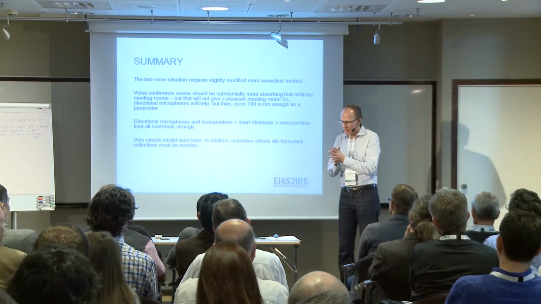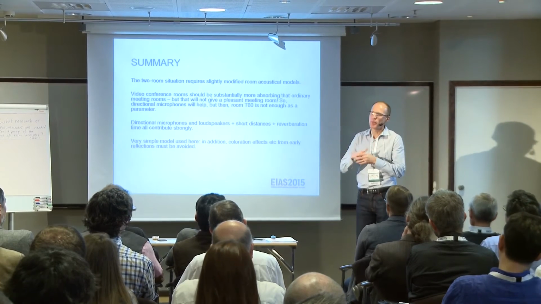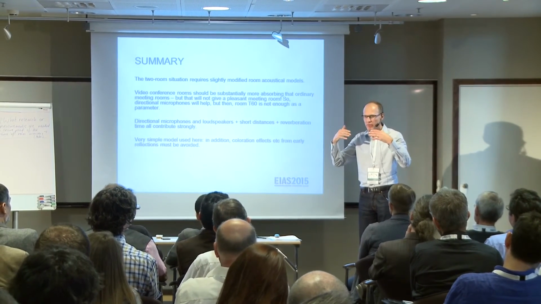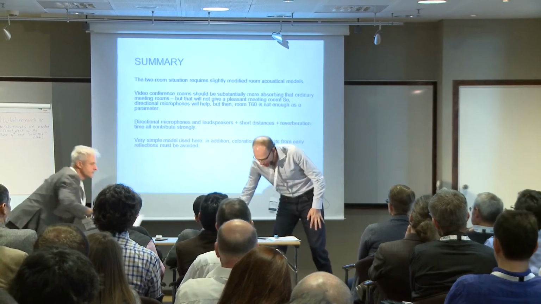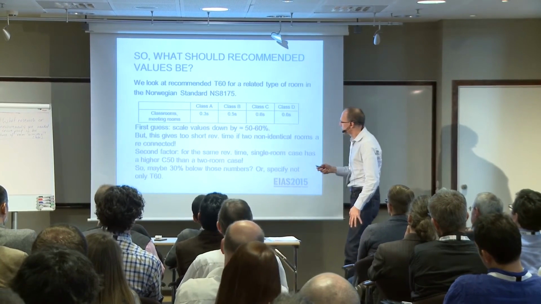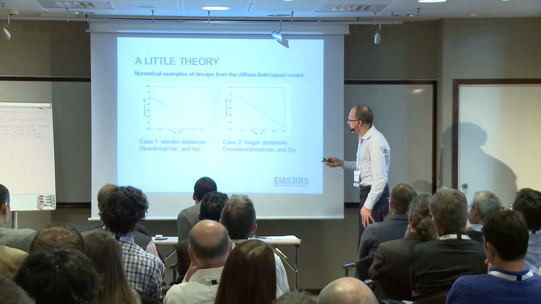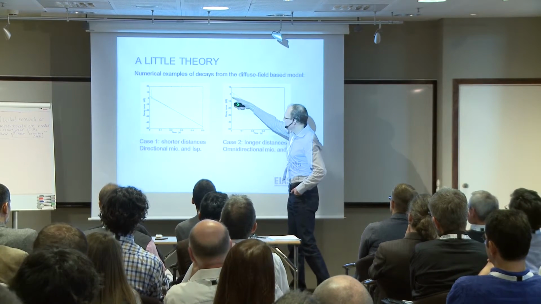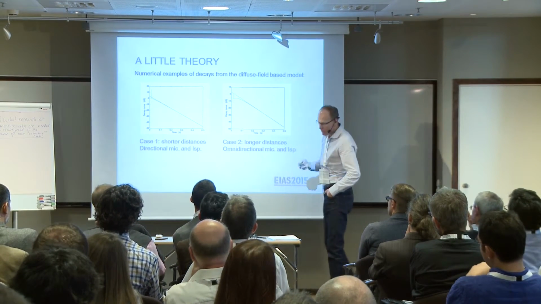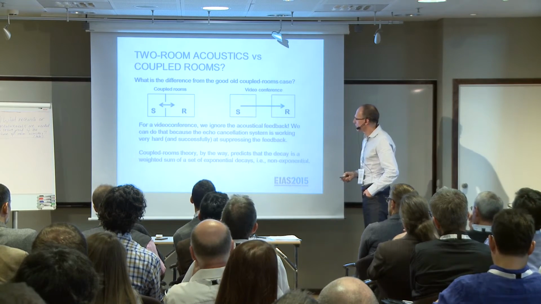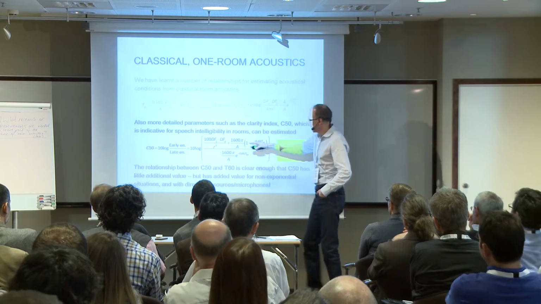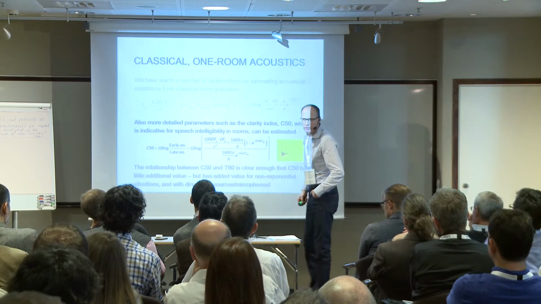Once we start to discuss C50, we probably also need to include the video conference equipment, because this situation affecting the early part will be very dependent on directivity factors.